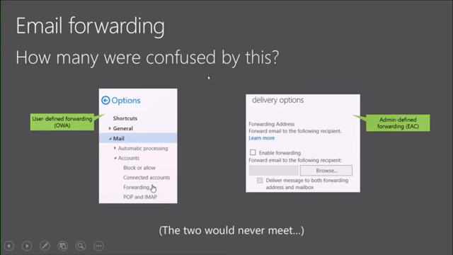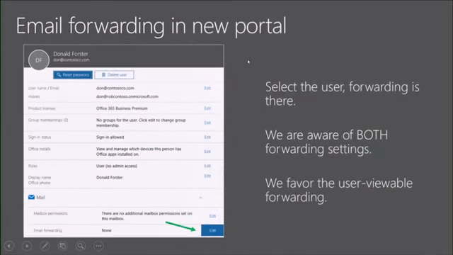So what we've done in the new admin portal is make the forwarding setting available on both mailboxes and shared mailboxes. It is not there for resource mailboxes because we never supported that for resources. But the new portal is aware of both settings. Let's say you are an admin and you had set some of the forwarding in the EAC. Now you go to the new admin portal, and it will be aware of both.